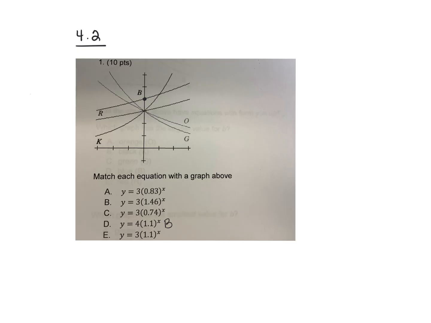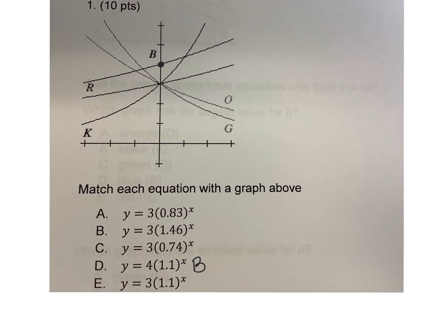Now, with the rest of them, they all go through the same place. They all go through the 3. And we need to indicate which of these is going to be which. So as I'm looking at these, I can see that this one and this one both have B values that are between 0 and 1.